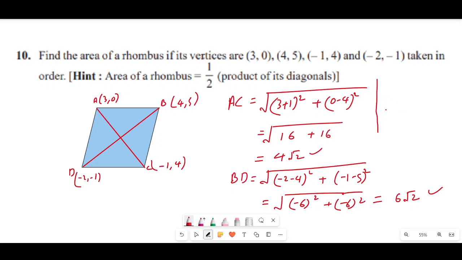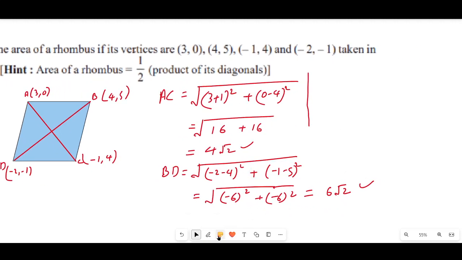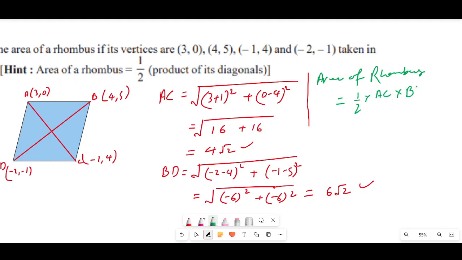Now for the area of the rhombus, what will be the area of the rhombus? That is very simple. Area of rhombus will be 1 by 2 AC into BD. Then 1 by 2, AC is given as 4 root 2 and BD is also 6 root 2.